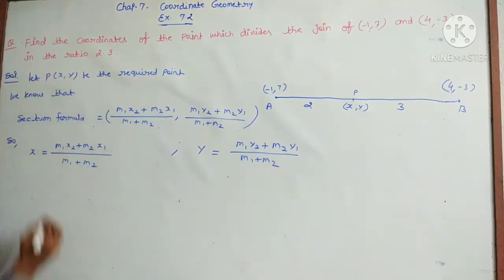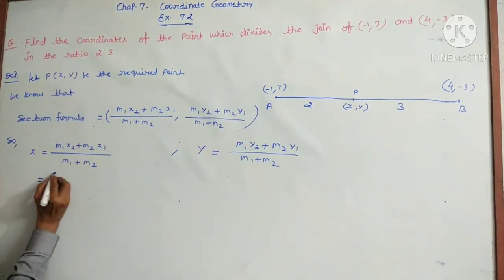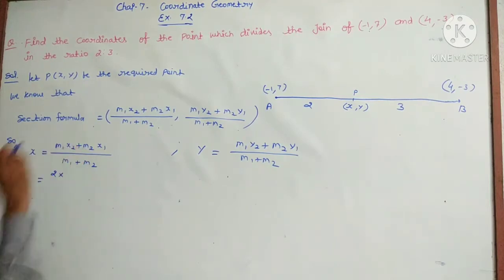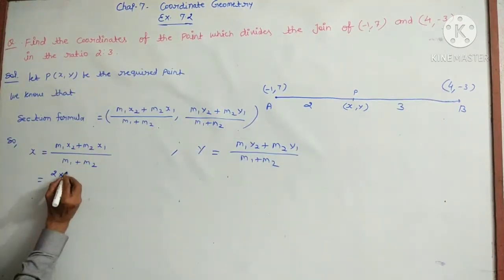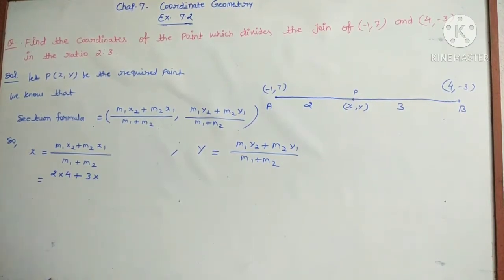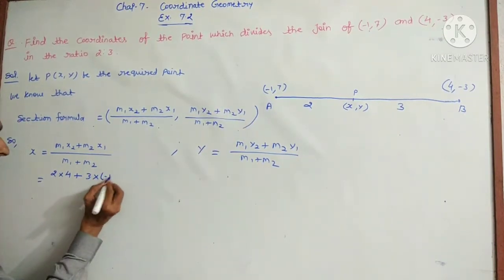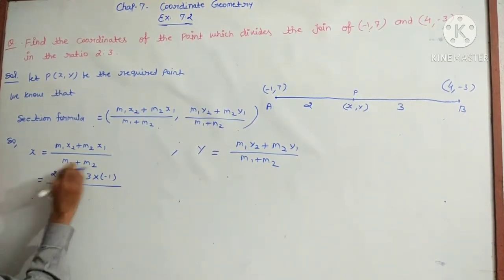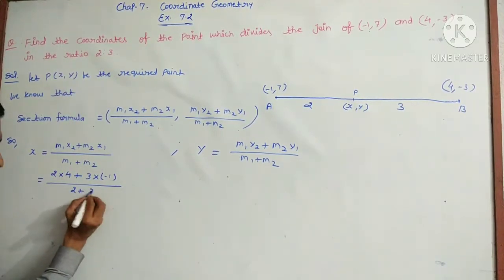Okay, here value of m1, means first value is 2, so 2 multiply x2, that means second value is 4, so you can write 4, plus m2 value is 3 into x1, means first value -1, you can put -1, and m1 plus m2, that means 2 plus 3.